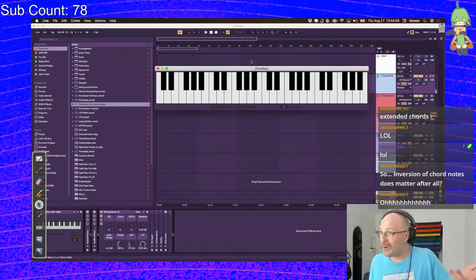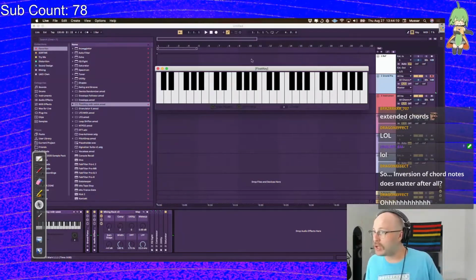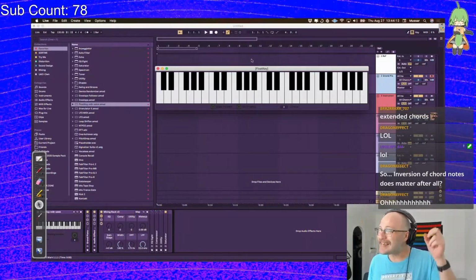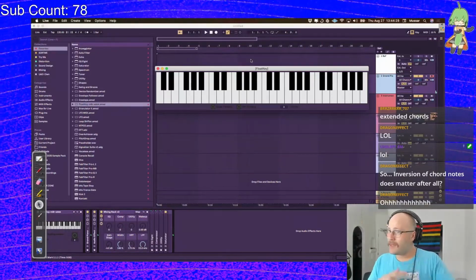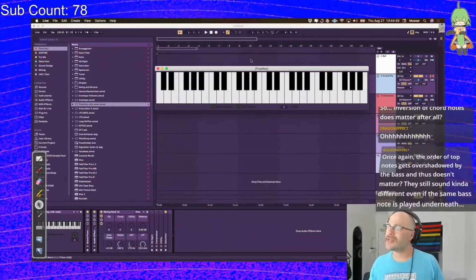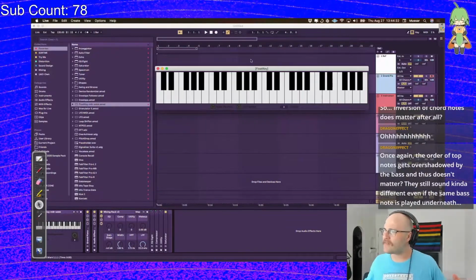I just made my chord progression like 2 or 3 chords longer just by picking a different bass note. And I can keep it going because our ears are waiting for that big, heavy bass note.